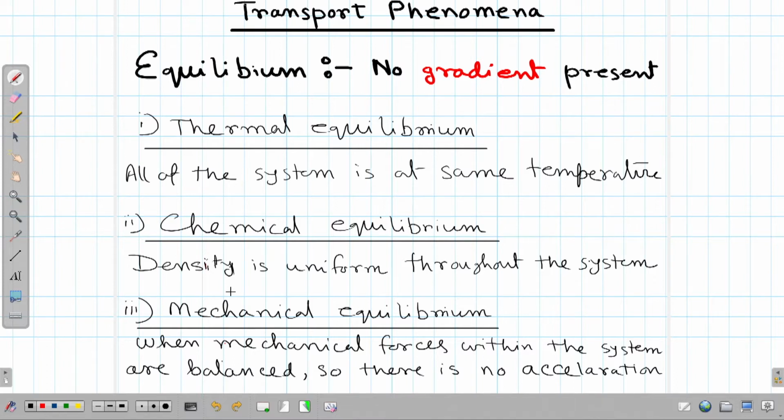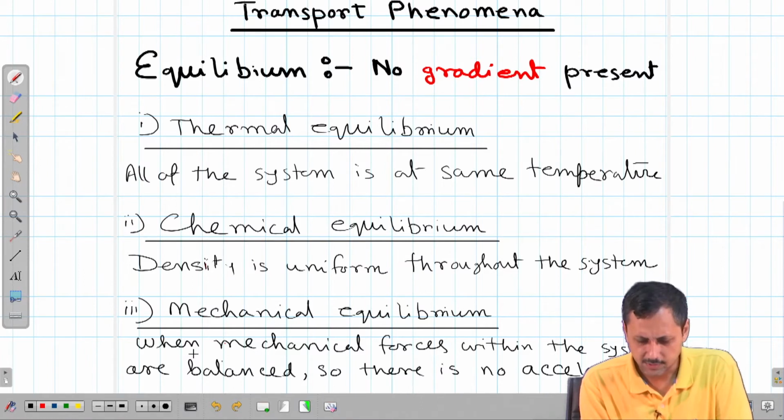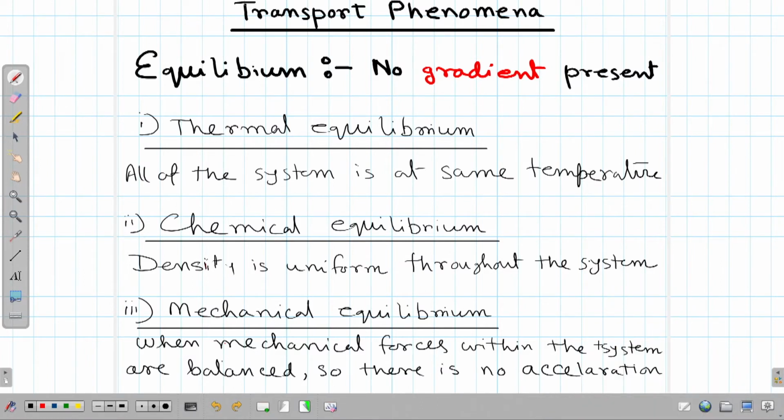Density. This is fine. So mechanical equilibrium is when the mechanical forces within the system are balanced, so there is no acceleration. Now in a thermodynamic system, the mechanical equilibrium is realized when the velocity is uniform. Let us assume a gas assembly. When we have a gas assembly, we assume that there is a Maxwell-Boltzmann distribution, for example, that there is no velocity gradient.